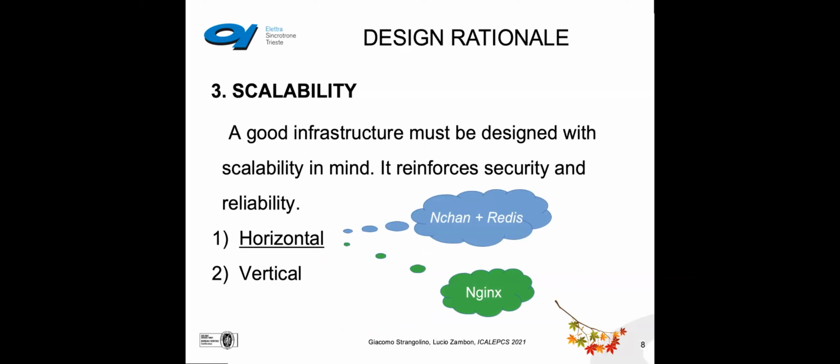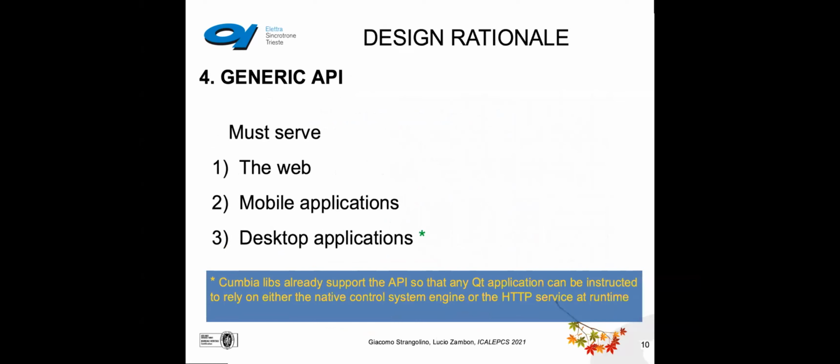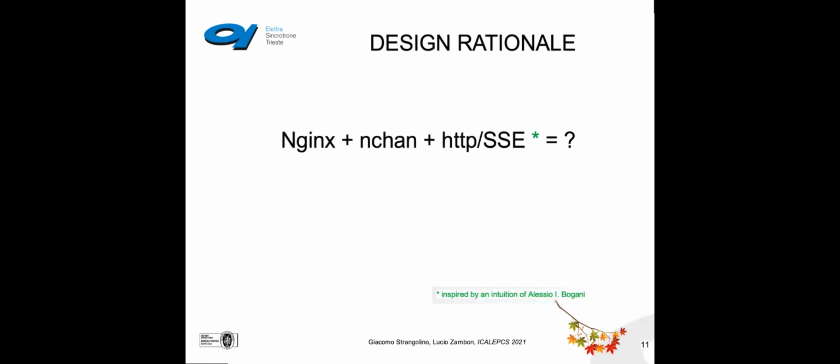This is a schema of Puma. Then we must serve the web, also mobile application, and we serve even desktop application, which are done in Qt using Cumbia and communicates through the HTTP protocol with the server. And we use Nginx.